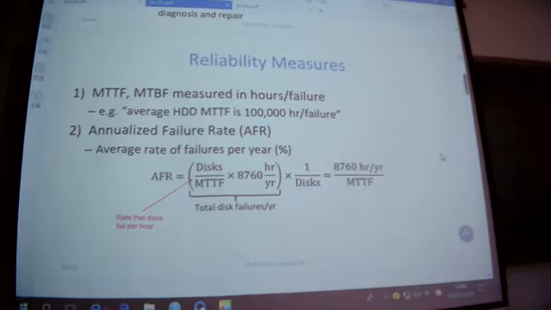So AFR equals 8,760 hours per year divided by MTTF. We want to reduce AFR, so we can increase MTTF.